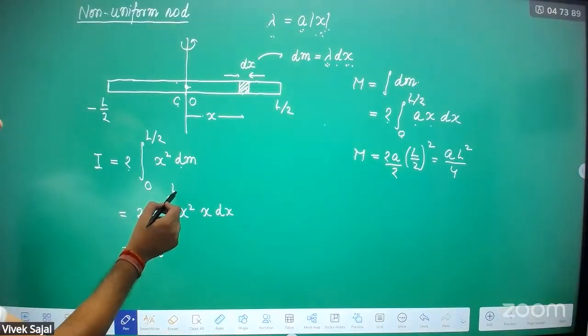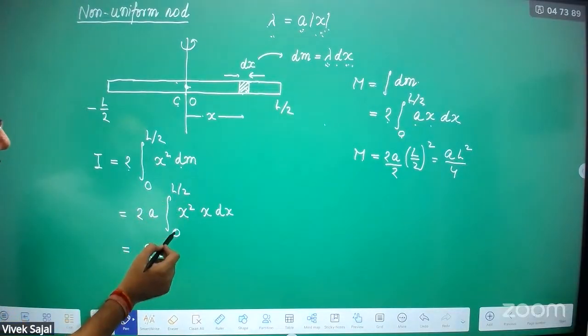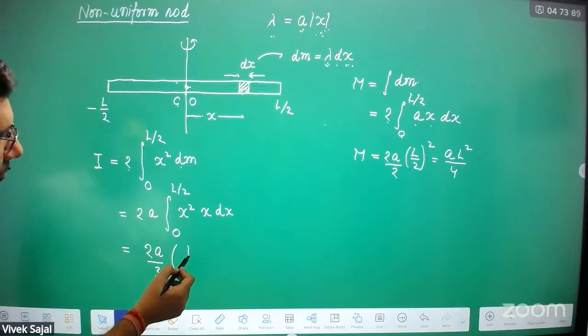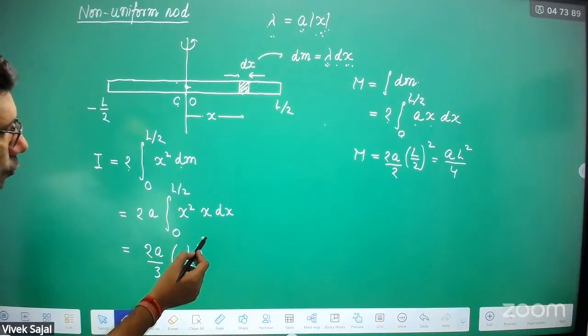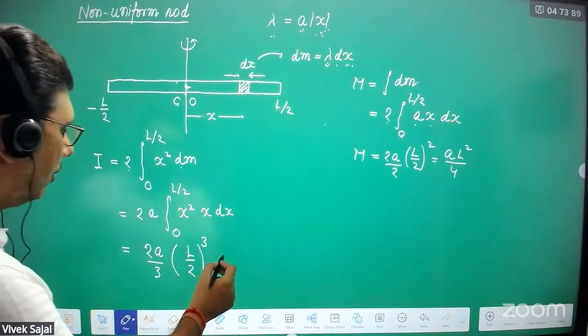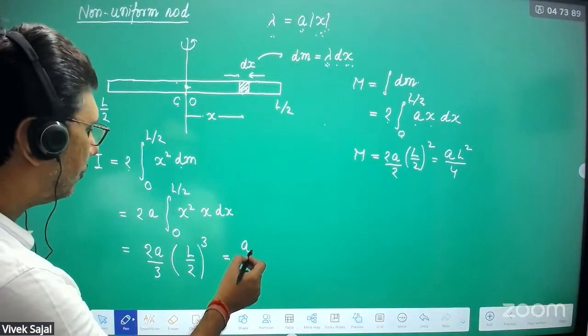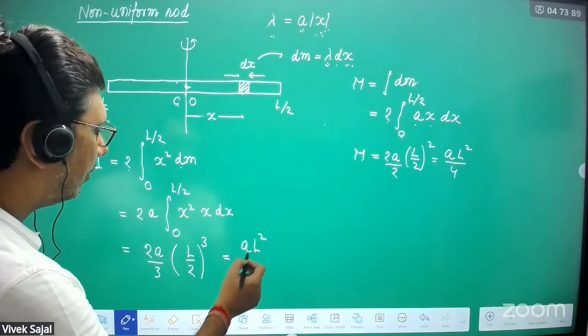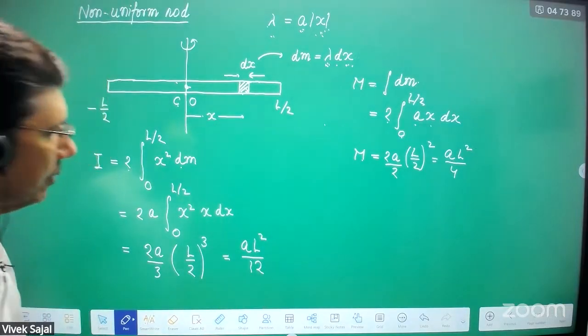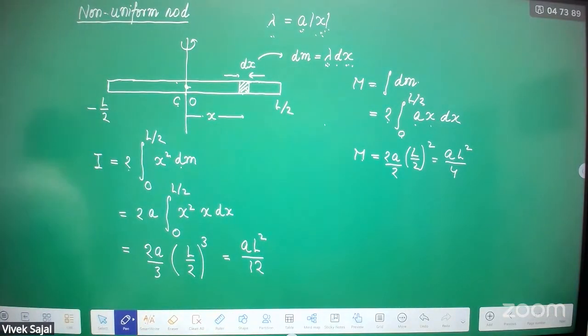This is L by 2. Here, this is 0. So this will be x cube by 3, and this will be L by 2, cubed. So 1, 2 will cancel out. So this will be AL square by 12. 4 3s are 12. So this will be AL square by 12.